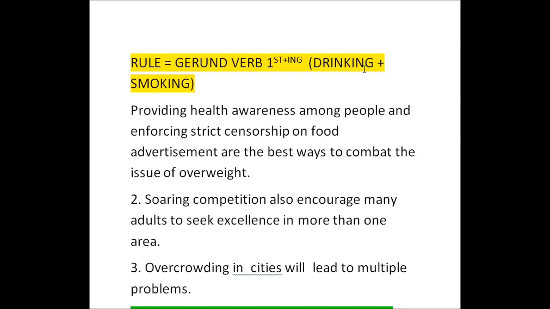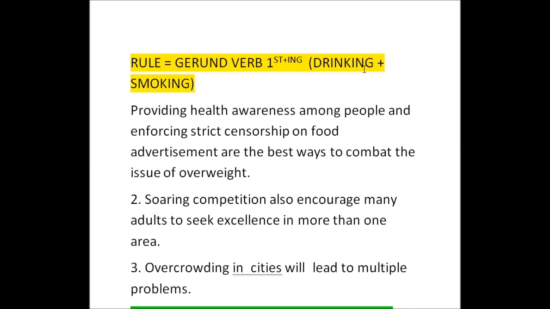The next one is gerund, the most important one. So what is gerund? Gerund is always comprised of the first form of the verb plus ing. For example, drinking and smoking. Drink and smoke are the first form of the verb, but when we add ing, they become nouns.